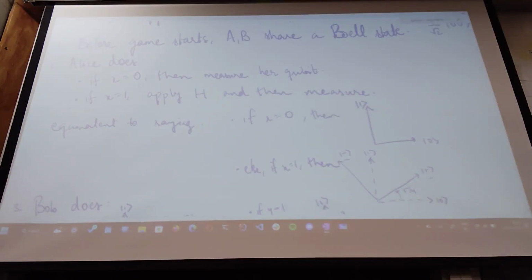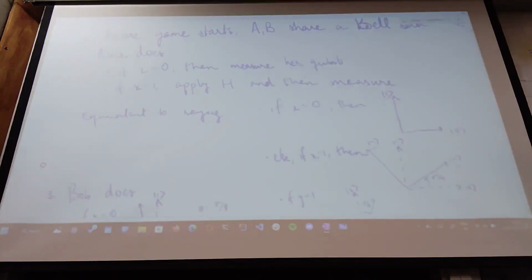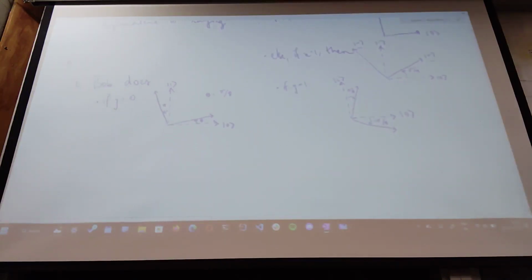And this forms an angle of pi by 4 with the computational basis. Now similarly, what Bob does is if he receives as input y equals 0, then he measures in this basis which forms an angle of pi over 8. I should enlarge this.